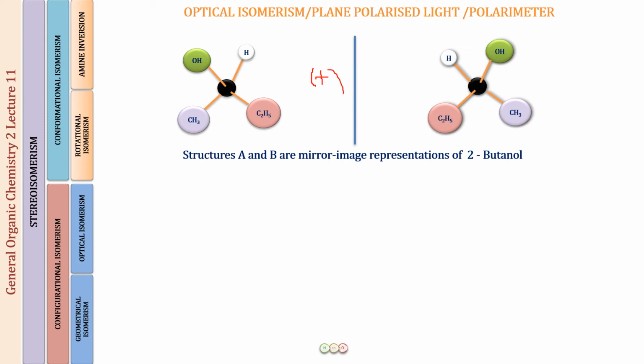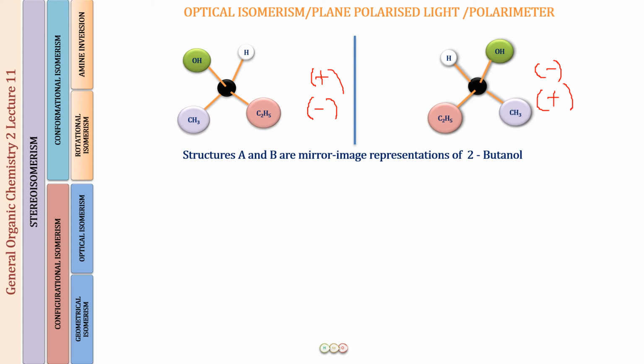And obviously the other one is going to rotate it in the anti-clockwise direction, and we will denote it by a minus sign, because both of them are going to rotate the plane polarized light in the opposite direction but by an equal amount. The angle is going to remain the same for both of them.